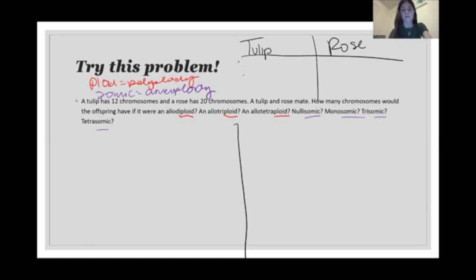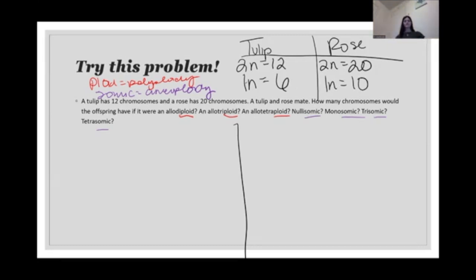My diploid number for a tulip is 12, and for a rose it's 20. And then I want to look at the haploid numbers to see what the haploid cells, what the gametes, would look like. For tulips, 1n would mean 6 chromosomes, just taking half. And in your rose, 1n would mean 10 chromosomes, just taking half again.